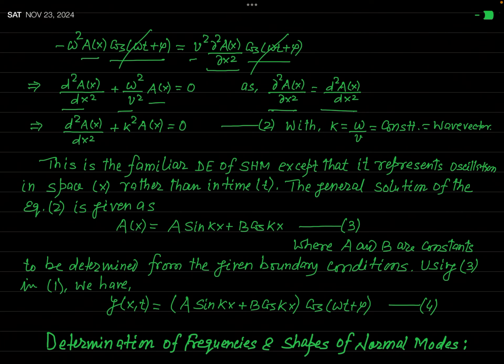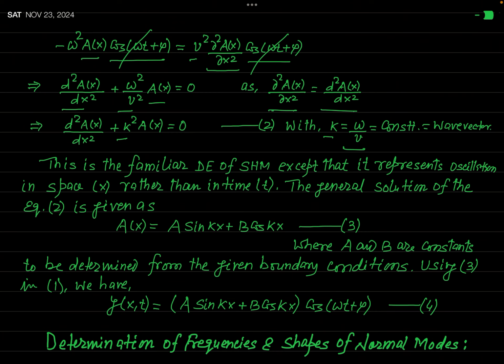Now we will write k square instead of omega square over v square. It means you assume that omega over v is equal to k. We assume this.